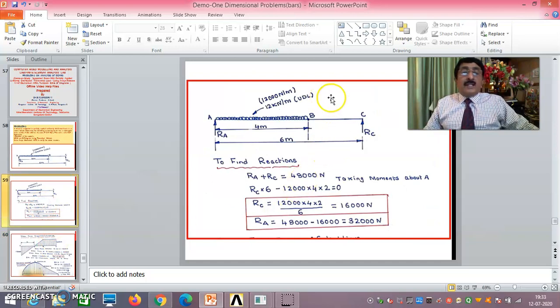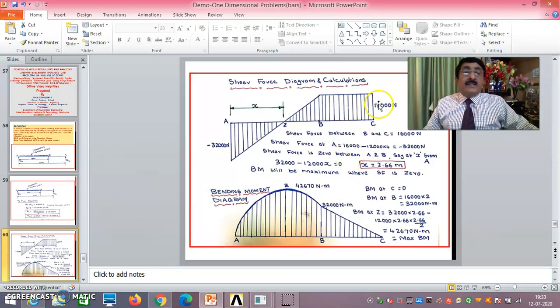If you take any section between B and C, it is only RC. Up to B, on the right side, you have only 16,000. So the shear force between B and C is 16,000 Newtons, upward taken as positive.